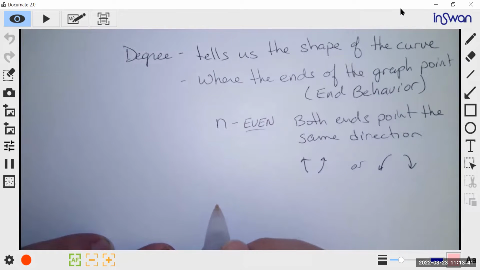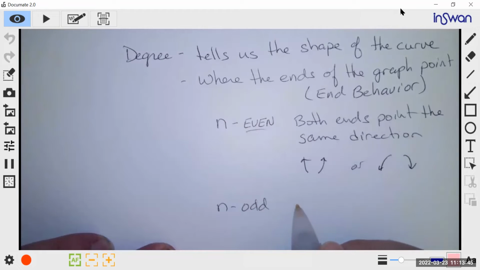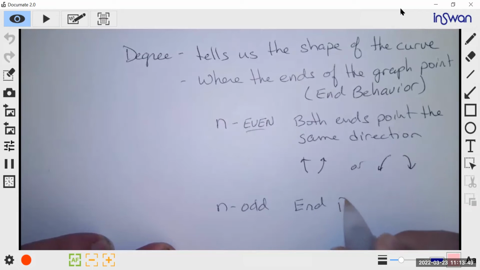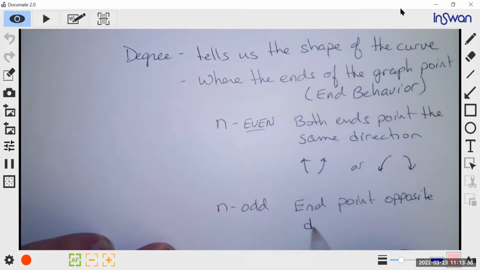If n is odd, the ends point opposite directions.